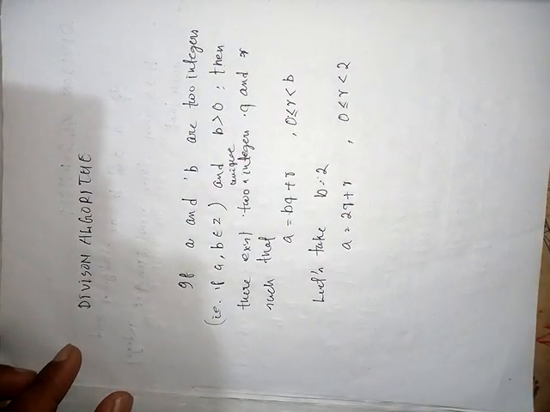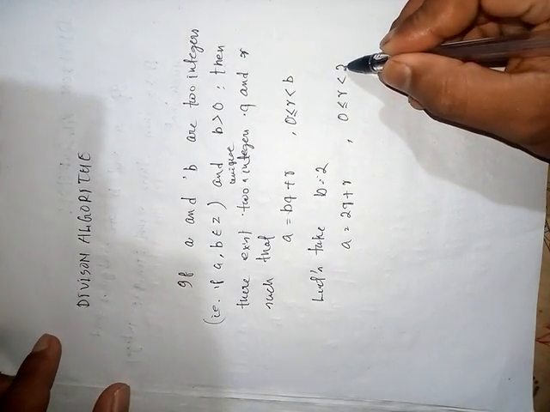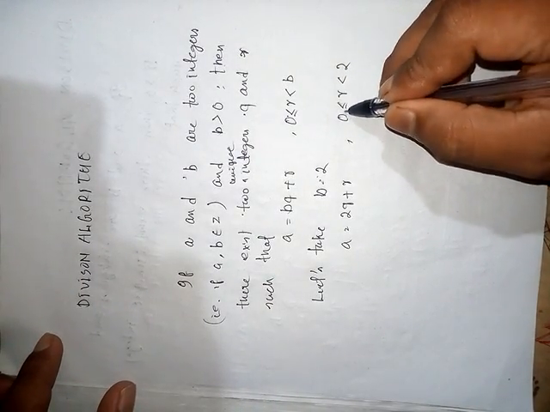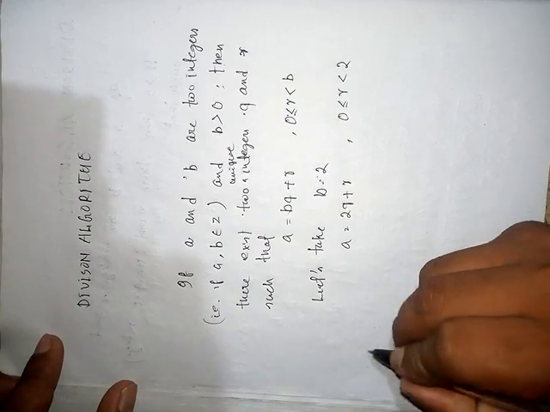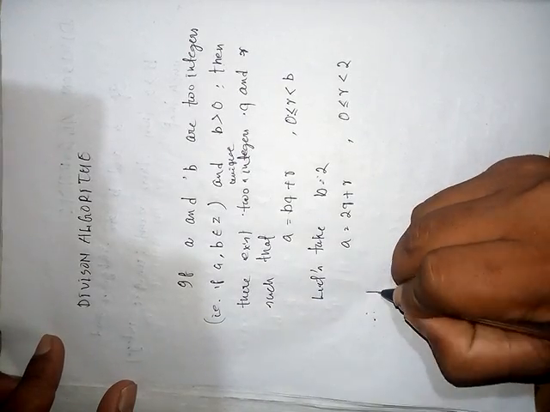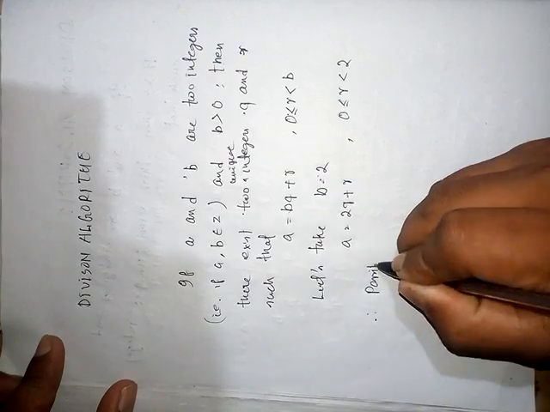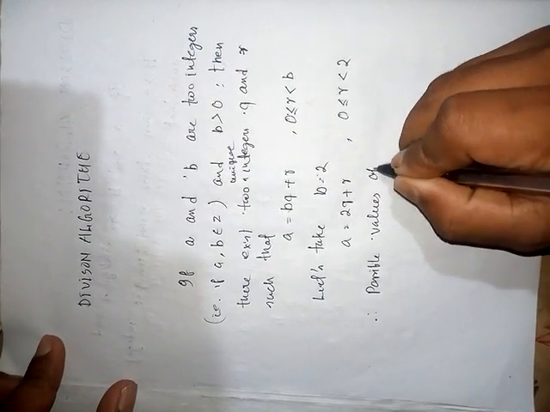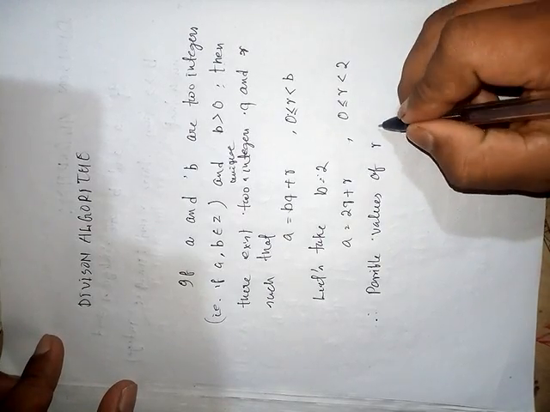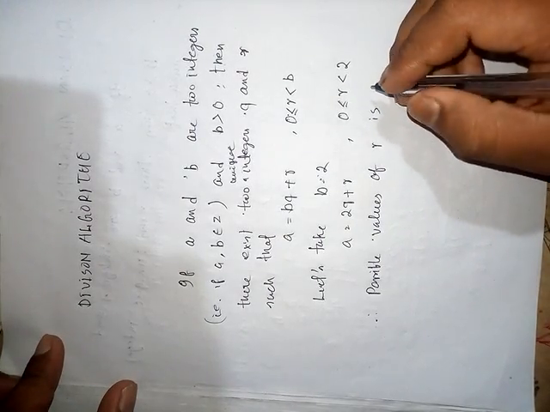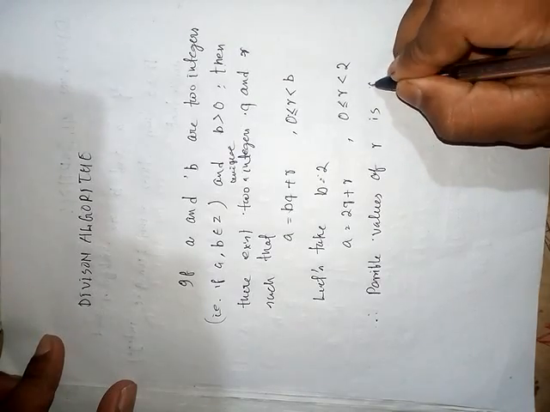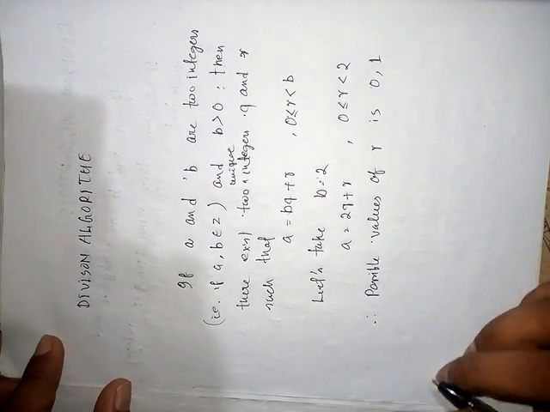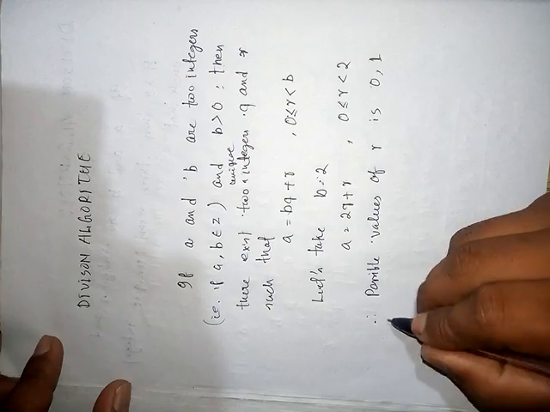So if r is less than 2 and greater than or equal to 0, then the possible values of r are 0 and 1.